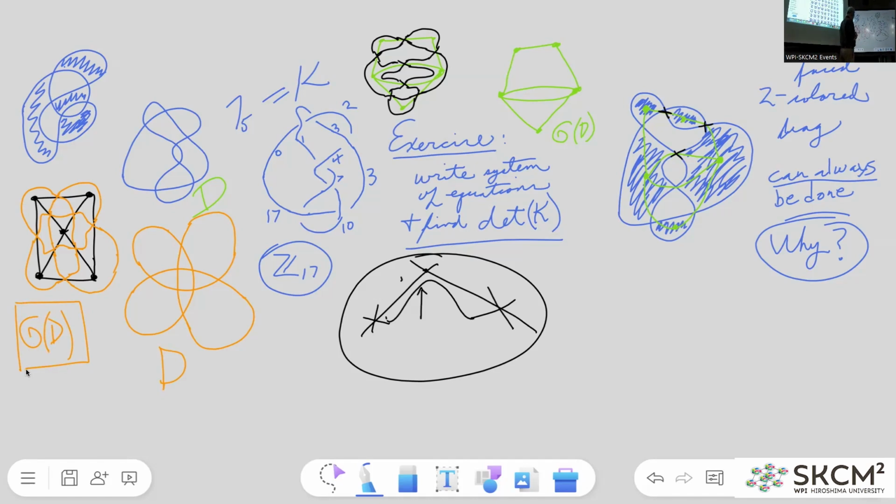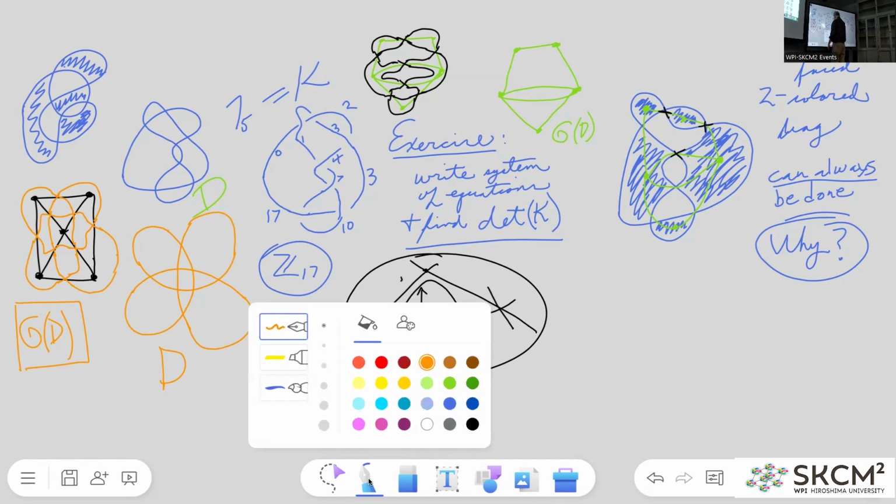I'm going to quote a theorem for you. We'll look at it in a simpler case than this, and then we'll look at it in this case. So here's the theorem, which I might be able to sketch at a later point.